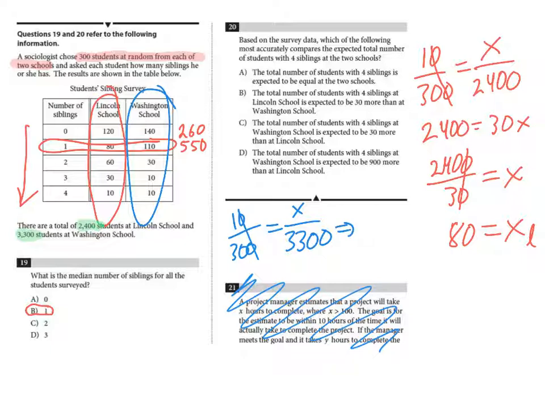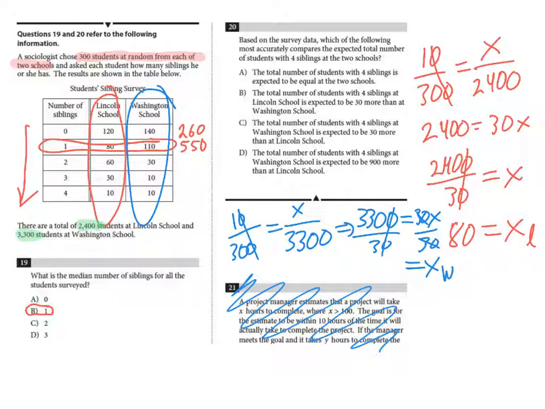We cross multiply. 3,300 equals 30x, and divide both sides by 30, drop a 0, and then these cancel out, and this is at Washington.